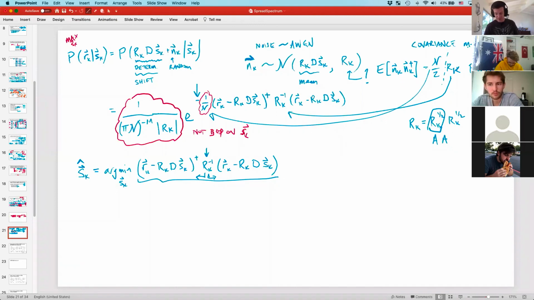Another fun fact is that if a matrix is positive semi-definite, then its inverse is also positive semi-definite. And so I'm going to use the same result not on RK, but on RK inverse. So this is the same thing as the minimization of this vector: RK to the negative 1/2 times RK minus RK d SK.